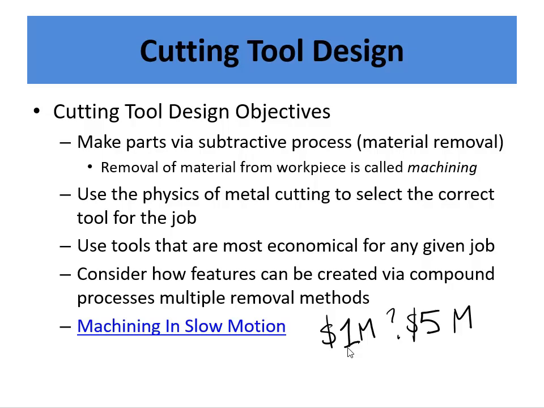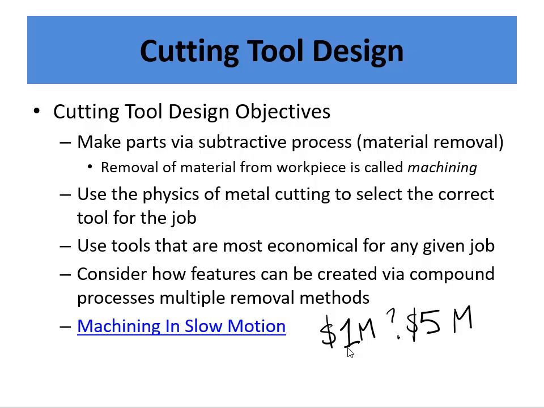That's a big deal. And that's usually the trick, because usually you have time and you have material and you have a limited amount of money. So usually it's trying to spend the least amount of money the fastest so that you can get that product out there as fast as you can. And then also you want to consider how you can use compound processes.